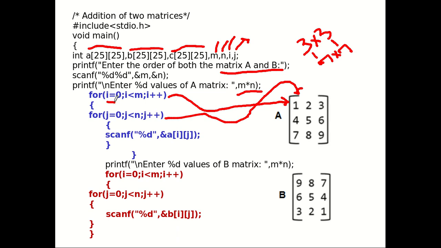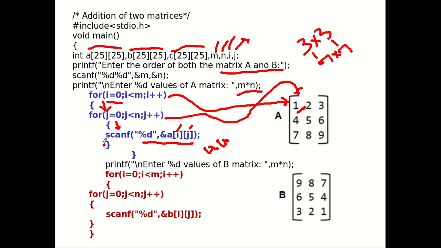So i is equal to 0 and j is equal to what here, 0. i is less than m, condition is true, it will enter into the loop, and j is 0, j is less than n, so condition is true, it will enter into the loop. So this particular statement will read the value from the keyboard, and it will store in A of 0, 0, means first location. In first location, first element will be stored.